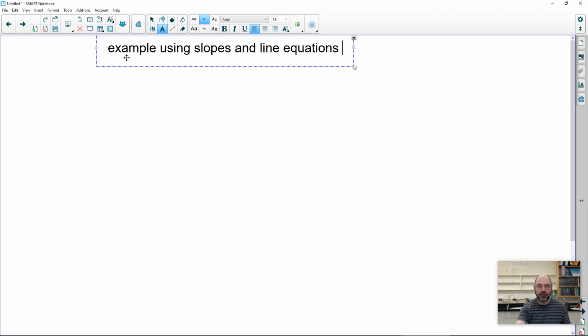Remember that y equals mx plus b is also a slope line equation. So let's do an equation like this.